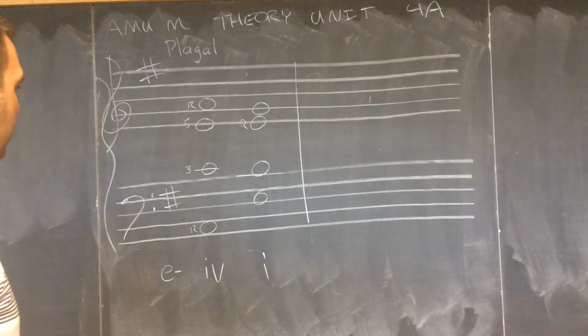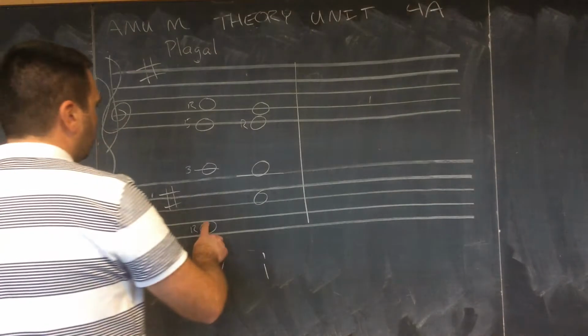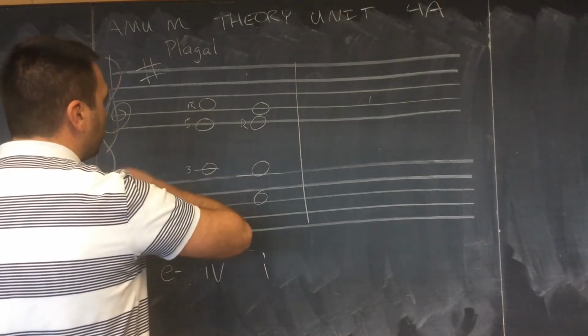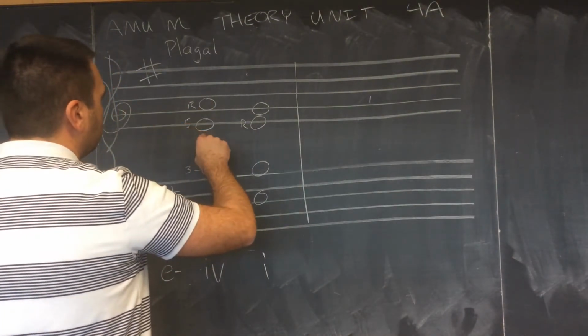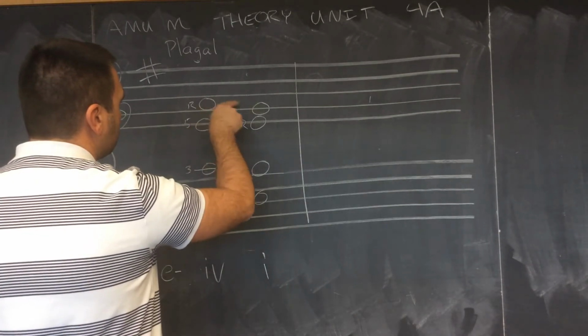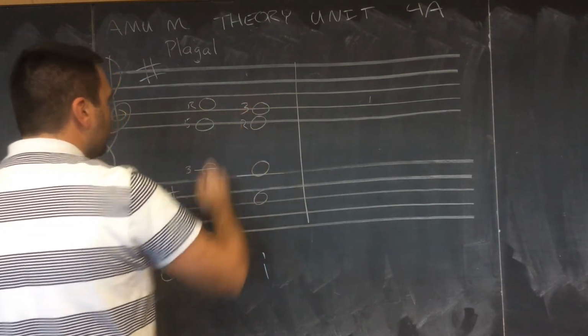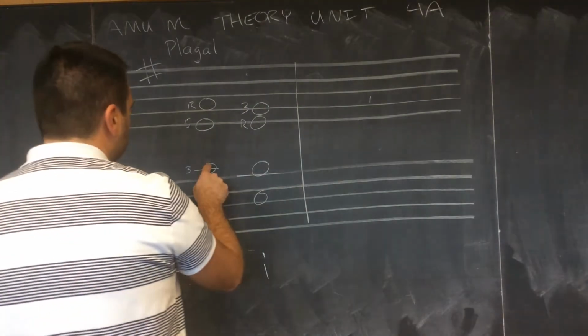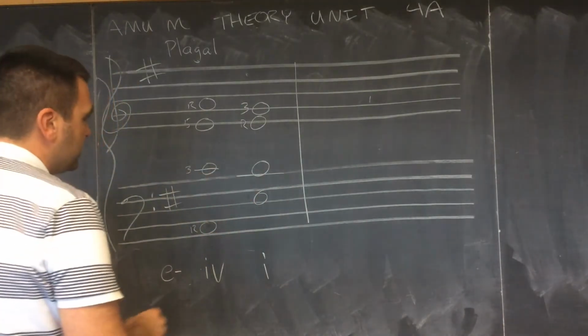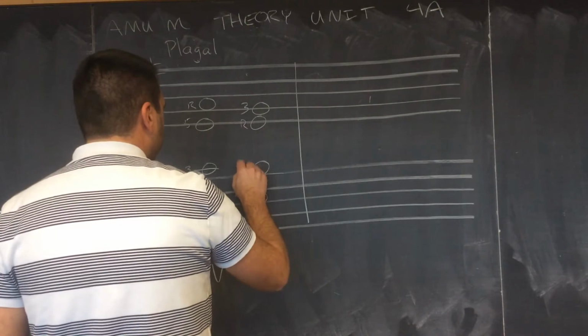So let's have a look at the next voice. We've got root there. Let's deal with the tops. We're going from an A. We're going to bring this one down to the G. This is going to become the 3rd in E minor. The C natural is going to go down to the B, which is going to be the 5th.